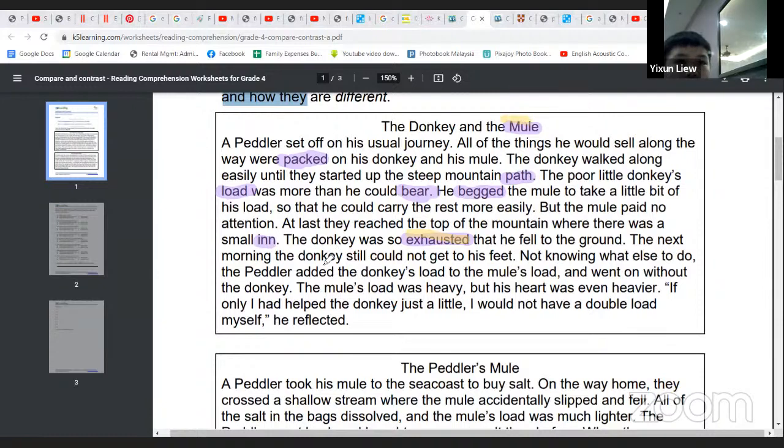Not knowing what else to do, the peddler put the donkey's load on the mule. The mule's load was heavy, but his heart was even heavier. If only I had helped the donkey just a little, I would not have a double load myself, he reflected.